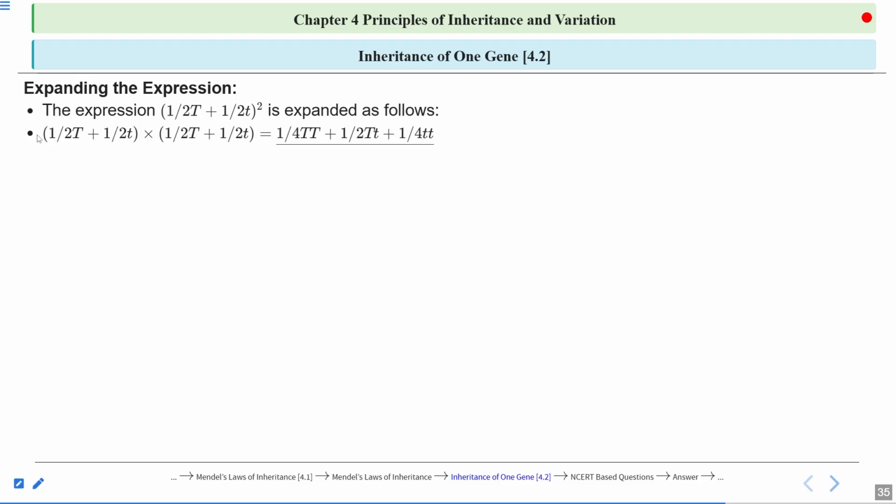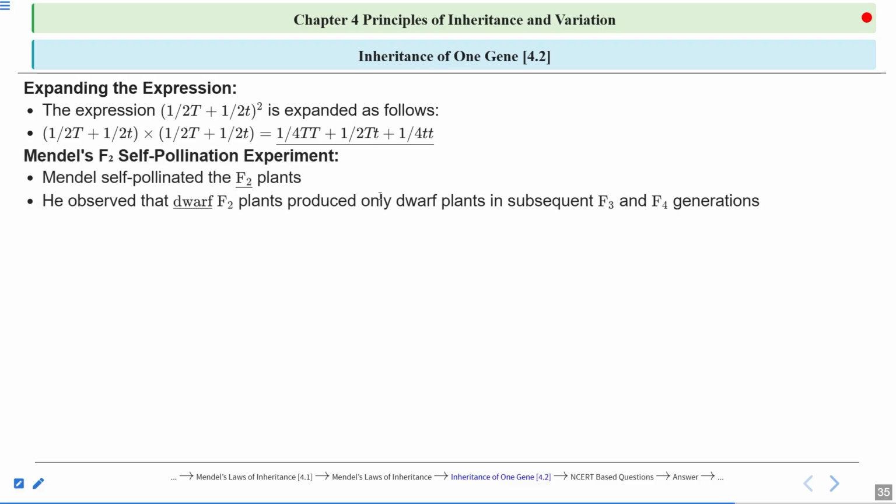This can be expanded using the formula for (a plus b) whole square, and if you calculate, you will get 1/4 capital T capital T, 1/2 capital T small t, and 1/4 small t small t. Clear? So this is the binomial expression of the combination of the gametes.